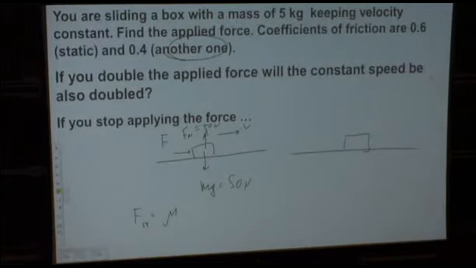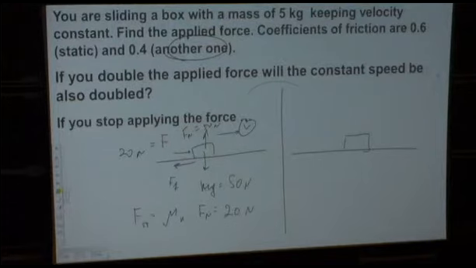If it's not static, it's kinetic. We only have two options to choose from: kinetic friction times normal force, which gives us 20 newtons. And because the velocity is constant, the applied force must have exactly the same magnitude. That's where we finished last time.